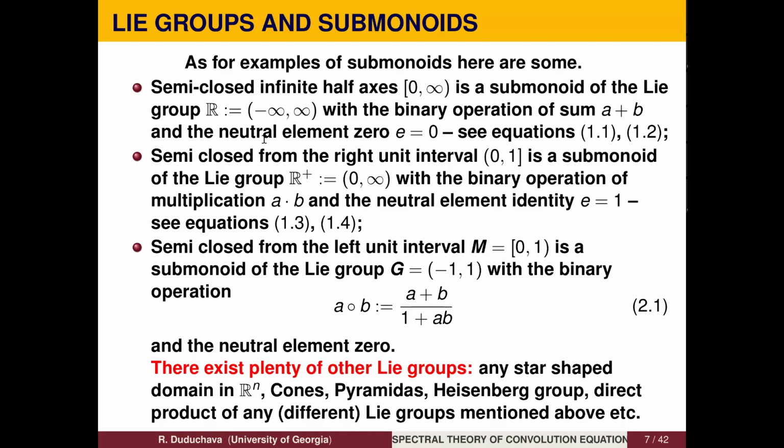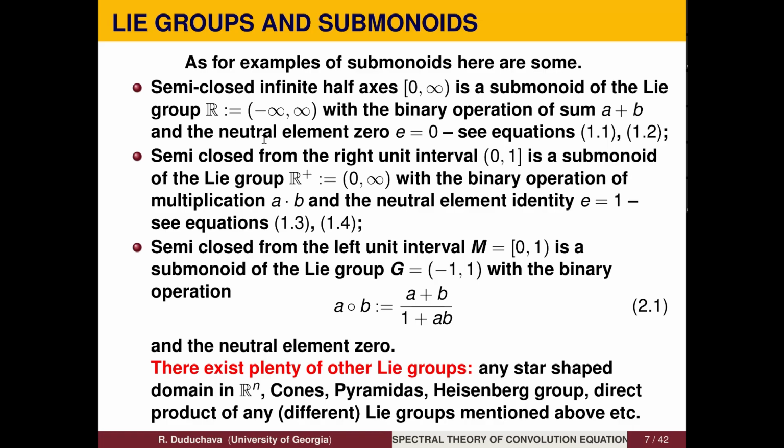Minus 1, 1 is a Lie group with this operation which you see here, which is not multiplication, not sum. It's some combination, a plus b divided by 1 plus ab. Minus 1, 1 is a group with respect to this operation. And this interval, closed at 0, is a submonoid of this Lie group.